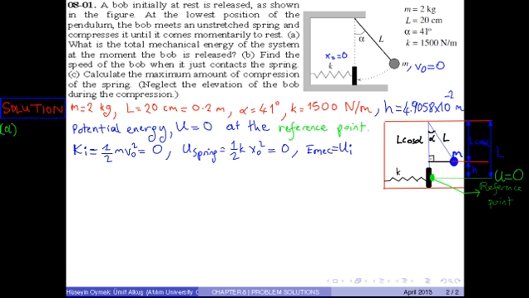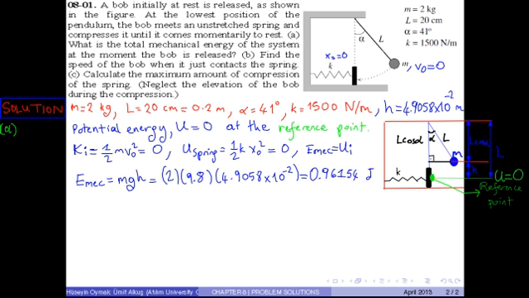That is, E mech, the mechanical energy, equals m times g times h. Substitute the corresponding numerical values into this equation as 2 kilograms times 9.8 meters per second squared times 4.9058 times 10 to the minus 2 meters, which is calculated to be 0.96154 joules, or approximately, in 3 digits, 0.962 joules.